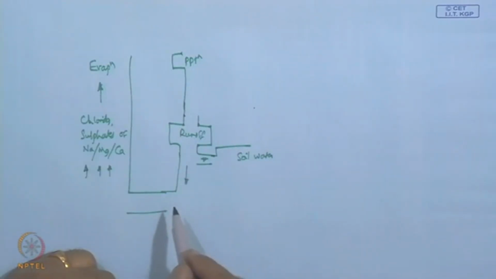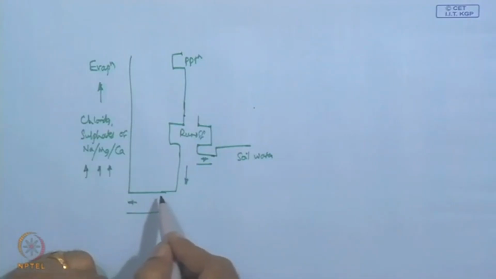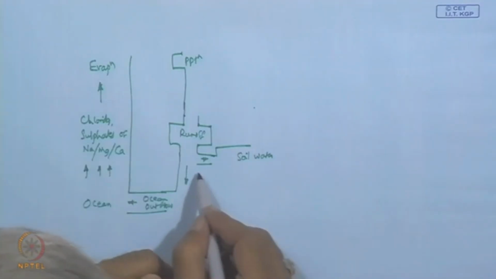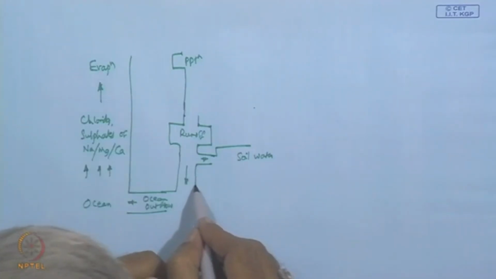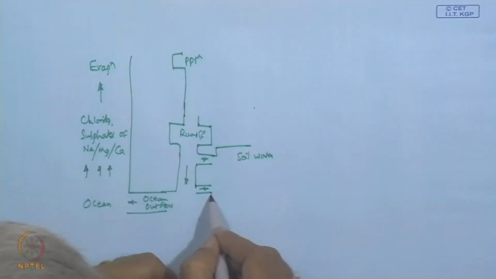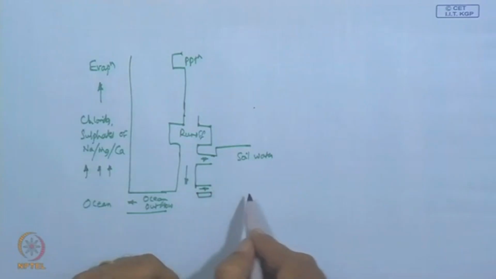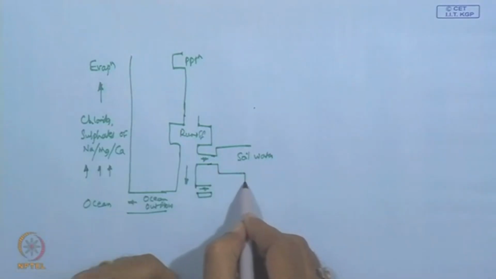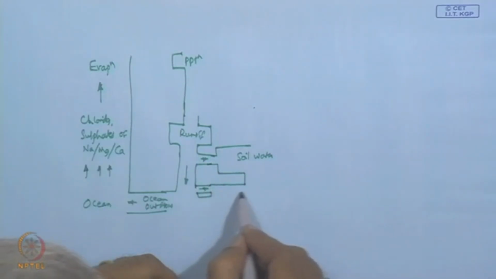Part of the runoff goes to the ocean outflow, and here there is the ocean, and part of the runoff goes to groundwater. So here is soil water, which we have already discussed, and below this soil water we have the groundwater.